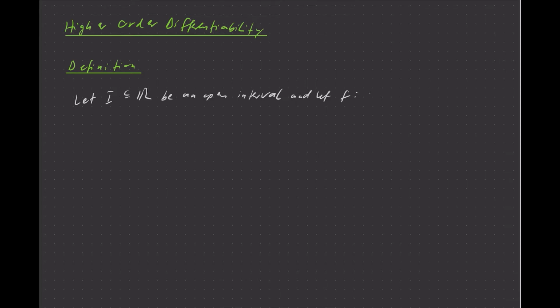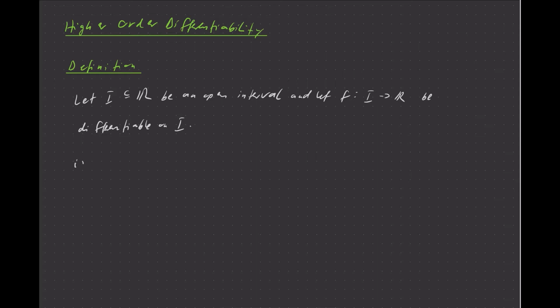And let f be a function defined on the domain I that maps to R, that is differentiable on I. Now please note that we require differentiability on I and not just at a single point in I.